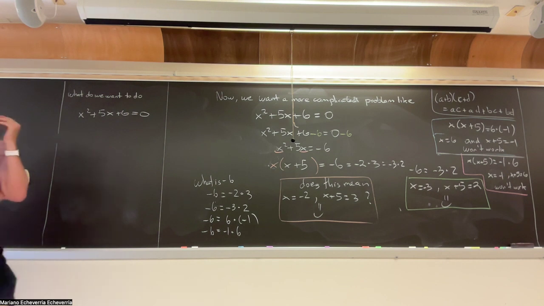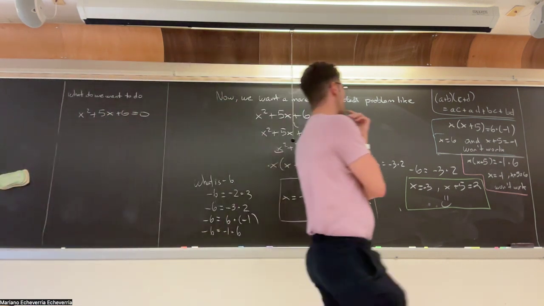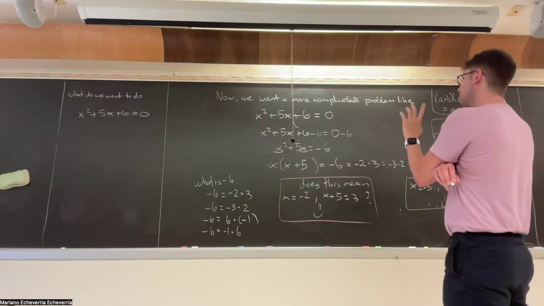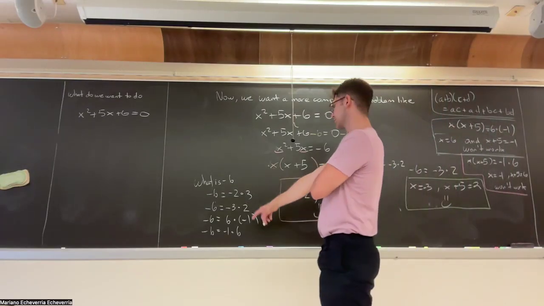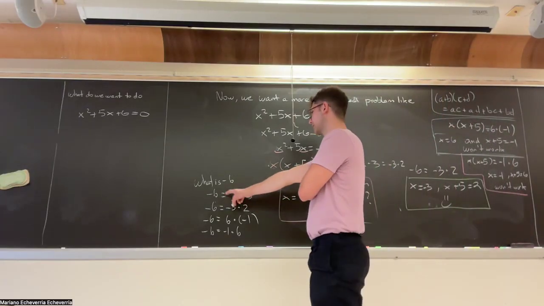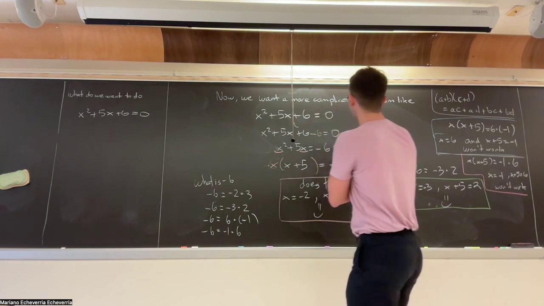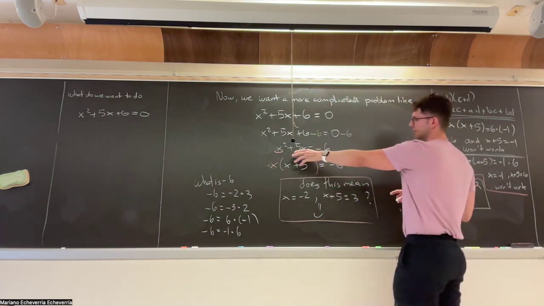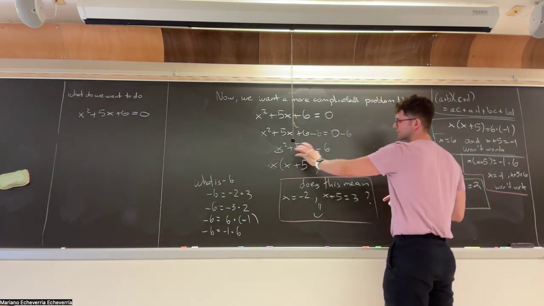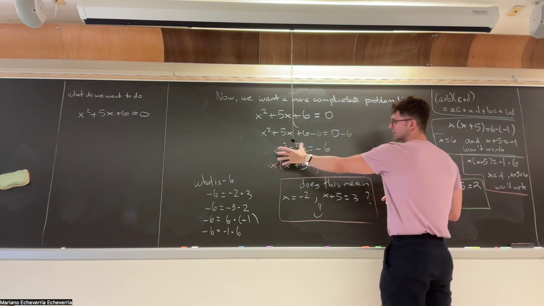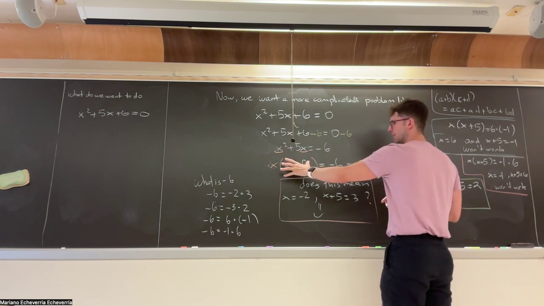What you want to do is something close to this, where I was breaking up 6 into products. That makes sense because when you got to this step, you could see there was secretly a multiplication happening here.